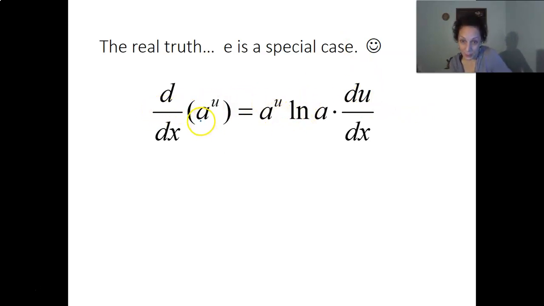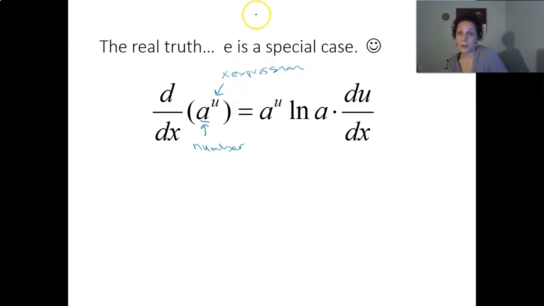It doesn't matter what the base is. Look at this rule. Remember, a is just a number. If you're dealing with an exponential function, you're going to have a numerical base, and you're going to have an x expression as your exponent. If you don't have a numerical base, it's not an exponential function.